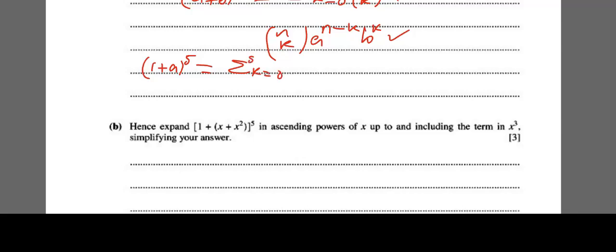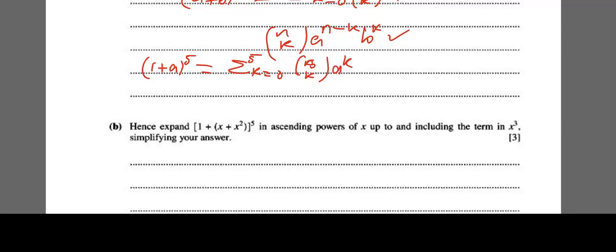Our n is 5. And then we are going to substitute n, which is now 5, and then we have k, right? So up to x to the power k.